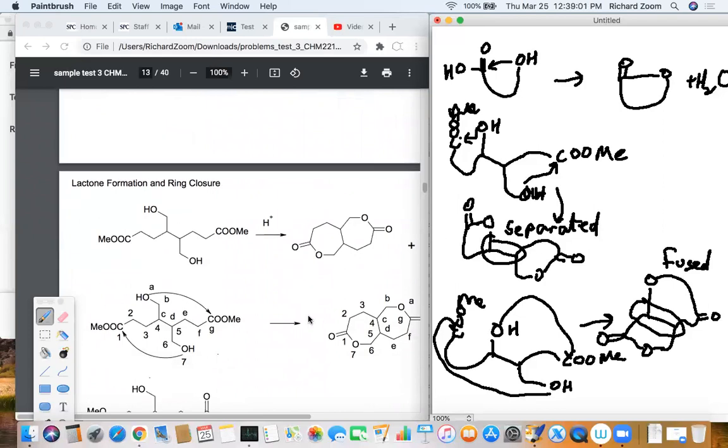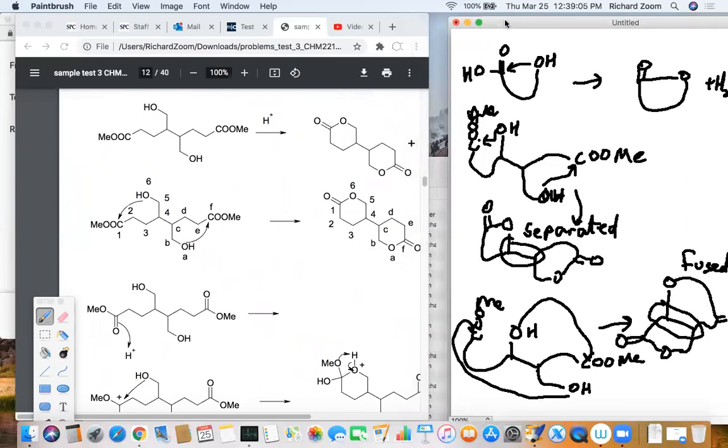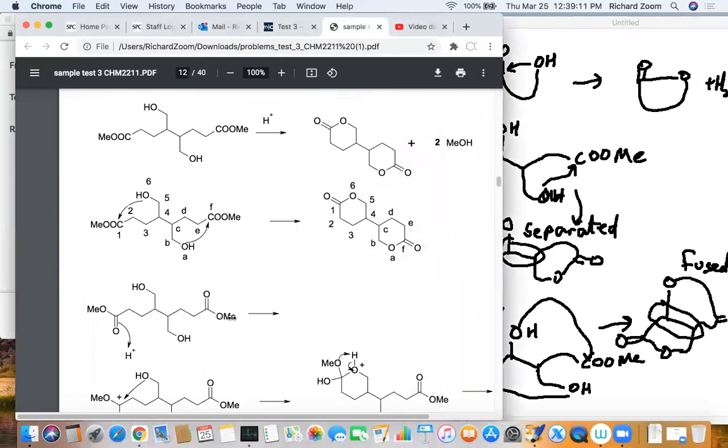All right. Okay, so let's look at how this affects the mechanism here. One thing you can do, once you figure out which OH is interacting with which group, and we know again, since this is separated, that the OH that's closest to each is the one that's going to react, is go ahead and number these.